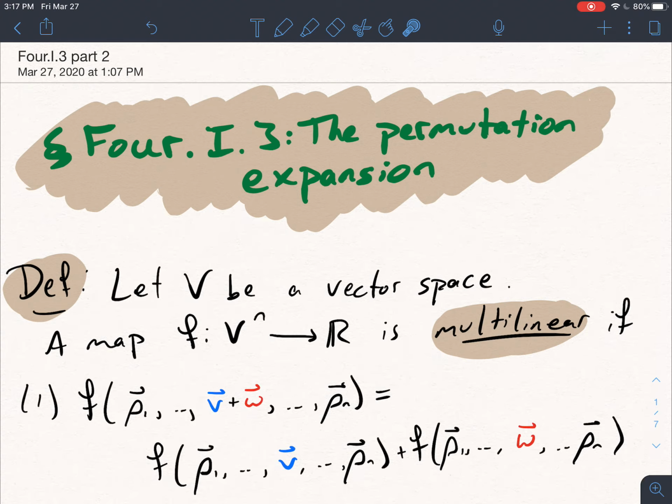For a map to be multilinear, it needs to satisfy a sort of additive property. Linear maps say that f of v plus w is equal to f of v plus f of w. Multilinear says that this holds in one coordinate, where you keep all the other coordinates the same.